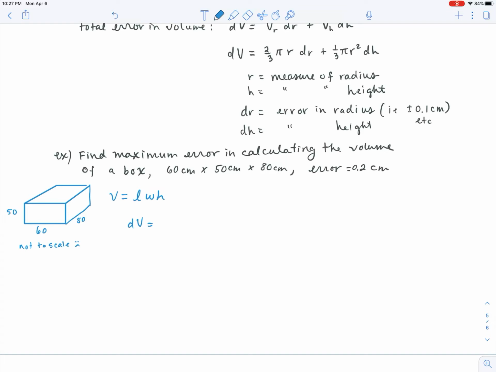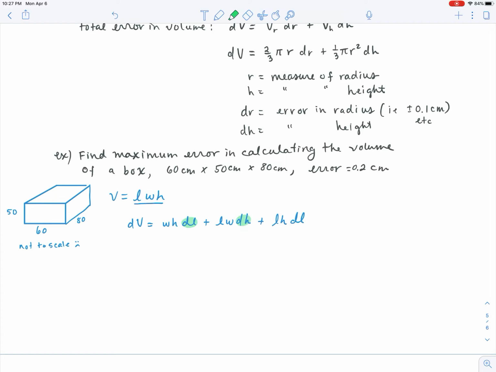dV is going to equal, if I take the derivative with respect to L, I get W H dL, plus L W dH, plus L H dW.